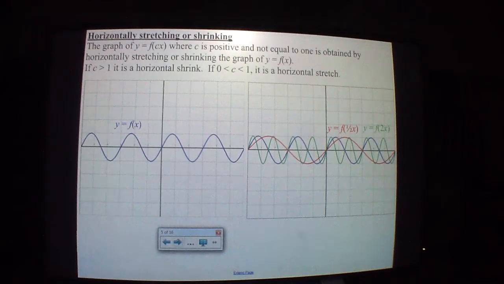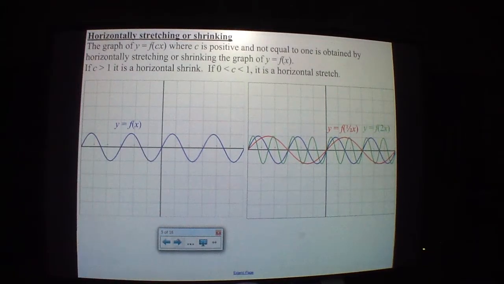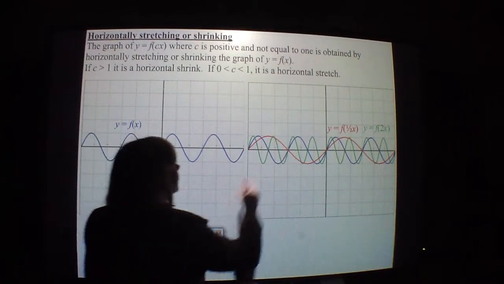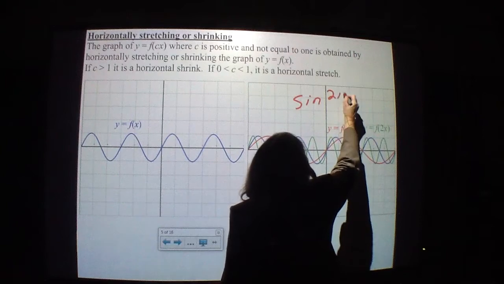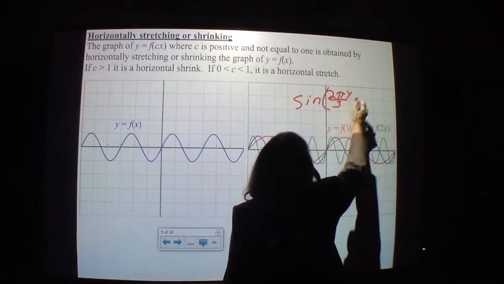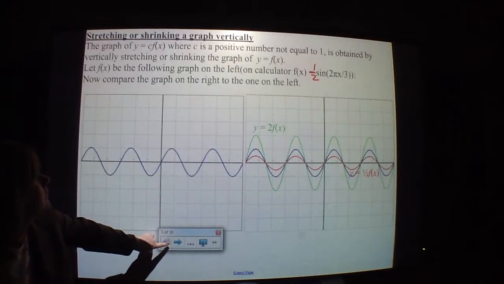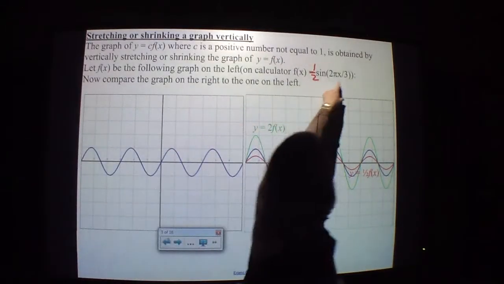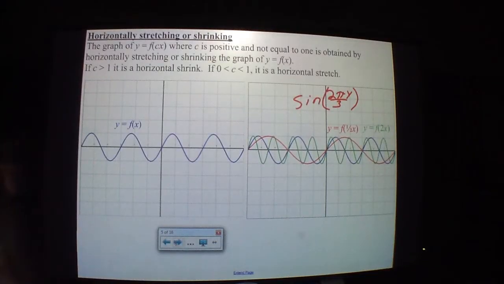These graphs, the right and left will change. So instead of taking your sine graph, this was the sine of 2 pi x over 3, that's what that blue graph is.